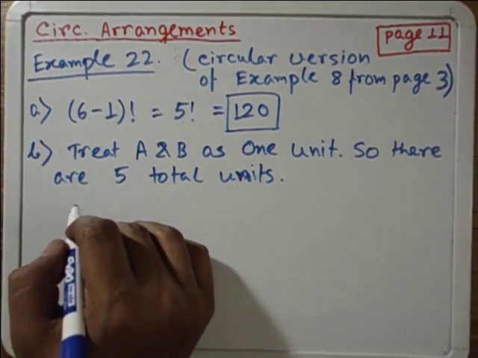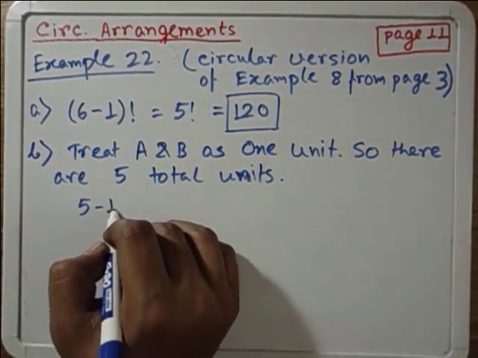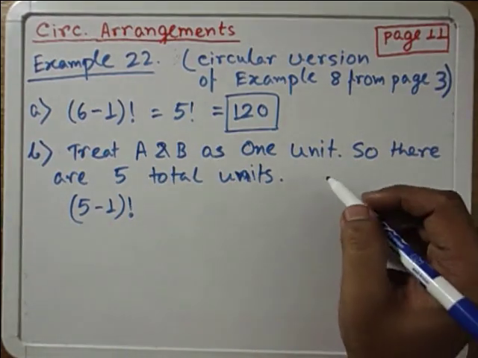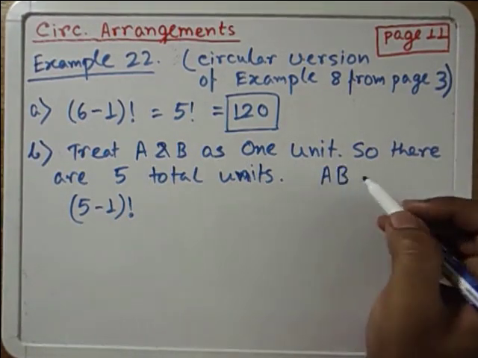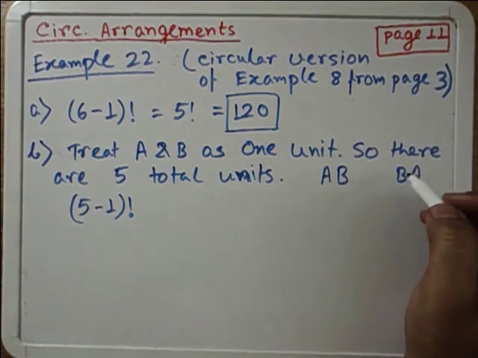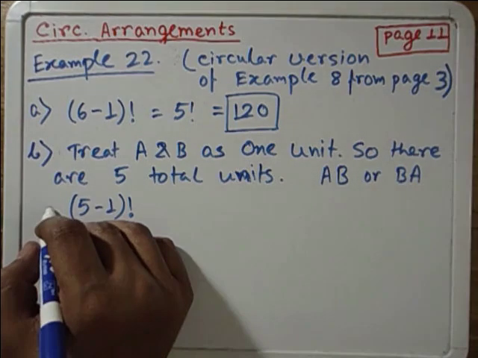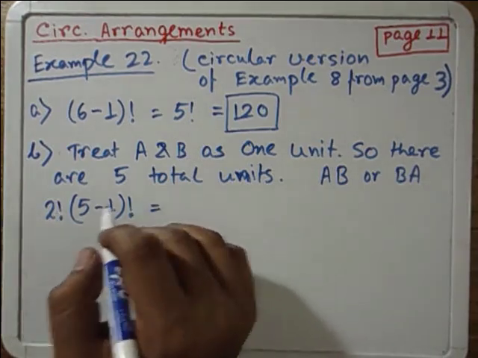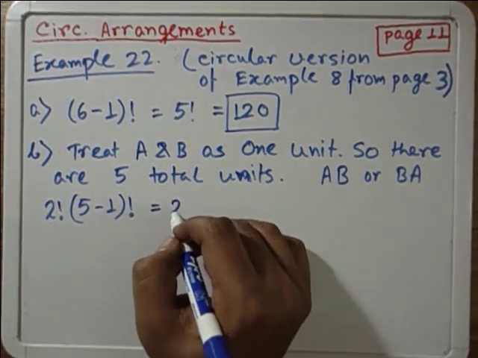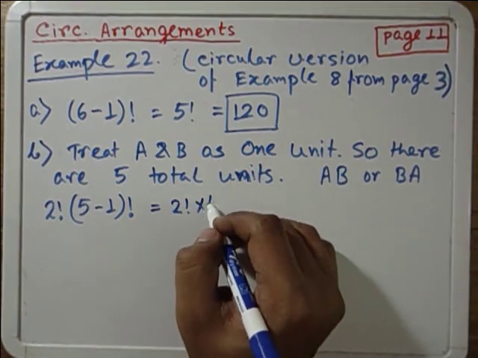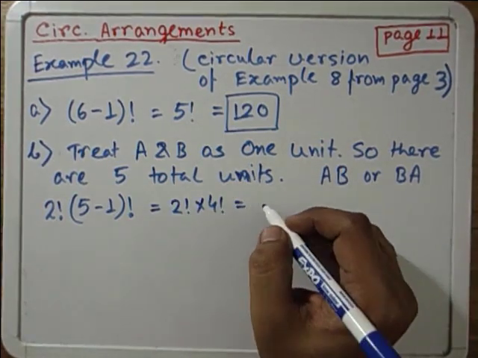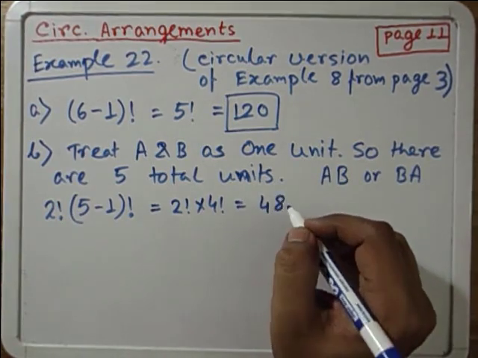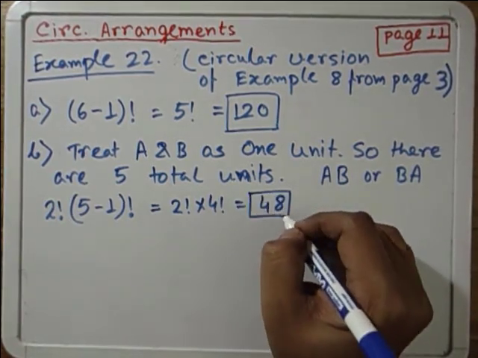The answer is 5 minus 1 factorial, and it can be Alice Bob or Bob Alice. So 2 factorial different ways. So 2 factorial times 5 minus 1 factorial, which is 2 factorial times 4 factorial, which is 48. So that's your final answer.